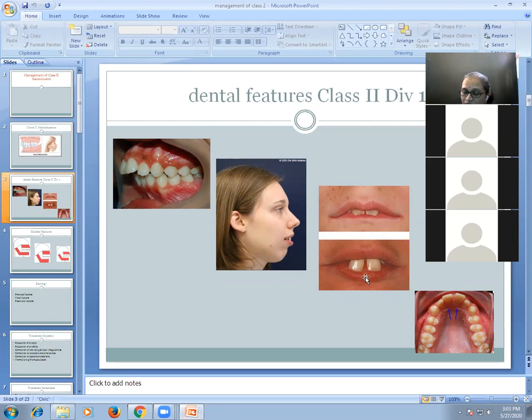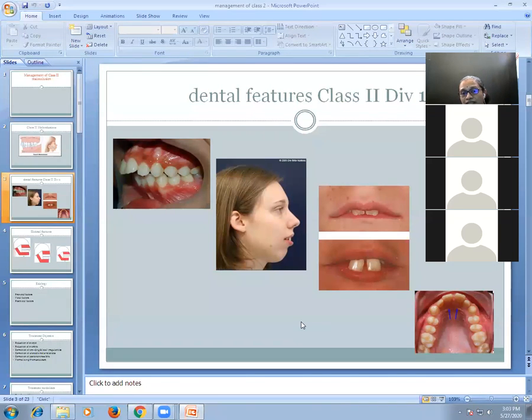So this is lip trap. It can lead to trauma to the lower lip. In these cases, you can find there will be a deep bite. Your lower incisors will be touching the palate, so there will be trauma in the palate.